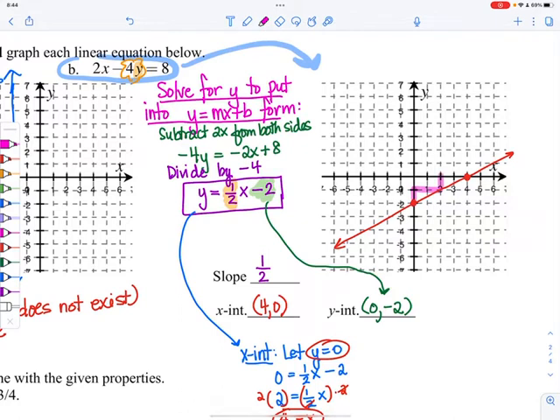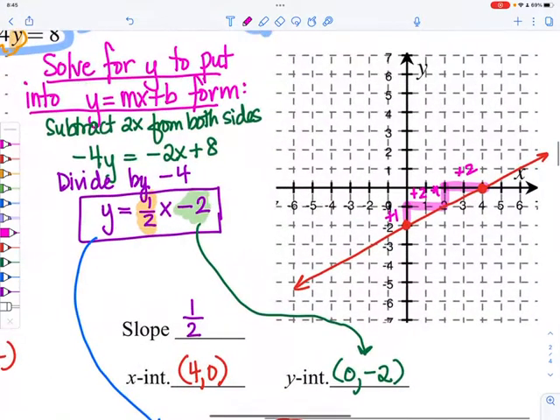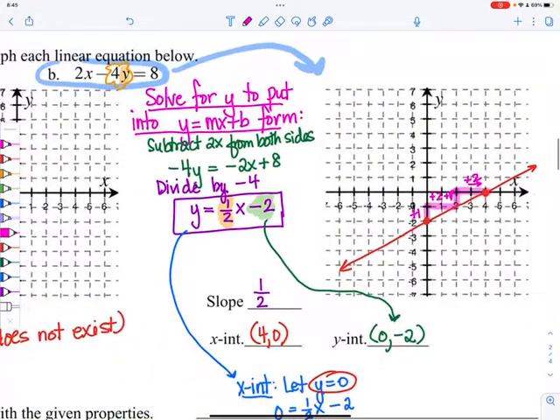Does that seem to match what I get when I do this graph? It does. So the slope matches. So notice that this would be go up 1 to the right 2, up 1 to the right 2. That should be a plus 1. Let me fix that. So this would be plus 1 up and to the right 2. So it matches the slope that we have.